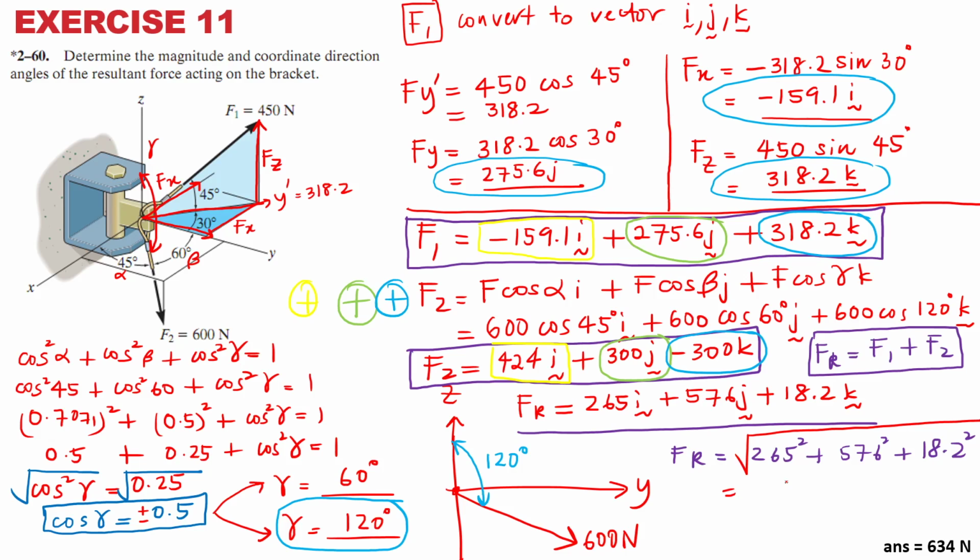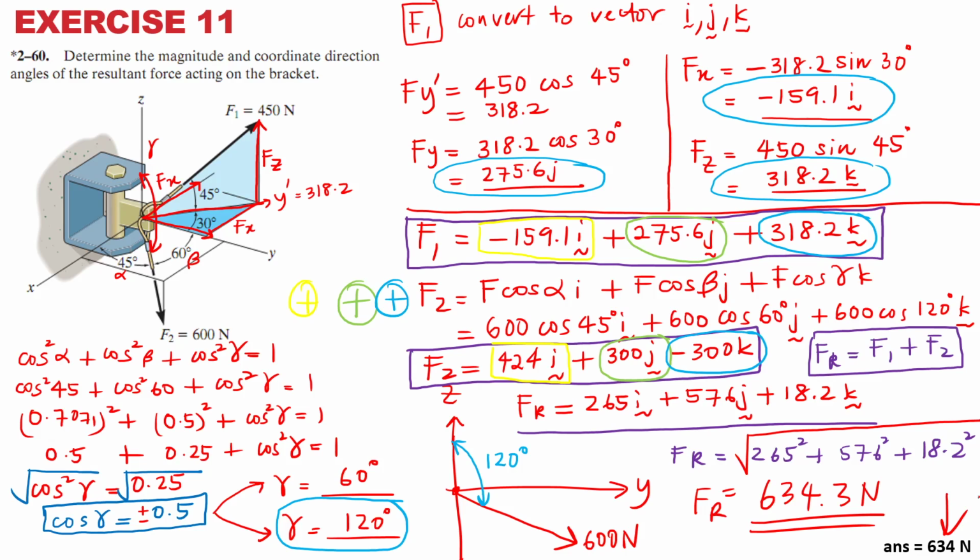What is the value? Punch in your calculator. You are going to get exactly 634.3 degrees. Not degrees, right? Kilonewton? No, it's Newton. This is your resultant.